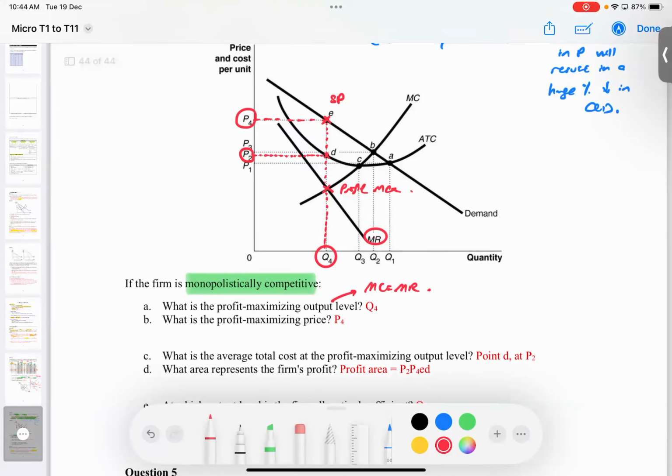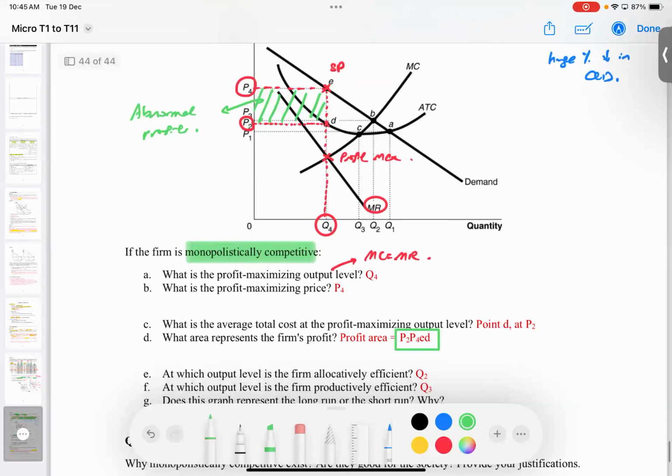So which area is the profit? The rectangle area is your profit, the abnormal profit: P4 to P2, to point E and point D. Basically, they are referring to the area of the rectangle where you are earning abnormal profits.